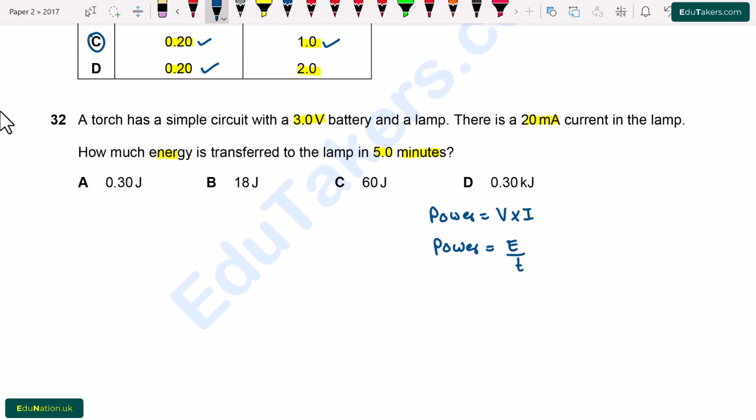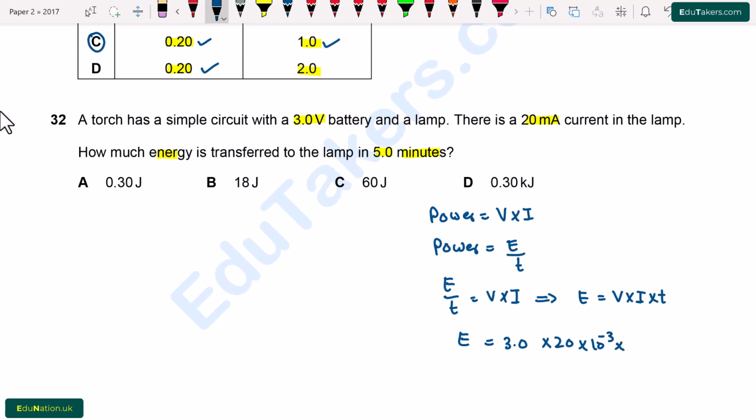Now we compare both of these. E by T will be equal to V multiplied by I. From here, energy is equal to V multiplied by I multiplied by time. So energy will be V, given 3.0, multiplied by current, 20 into 10 to the power minus 3, multiplied by time.